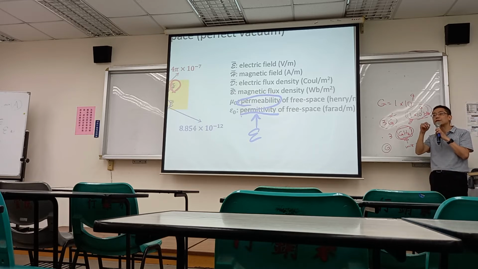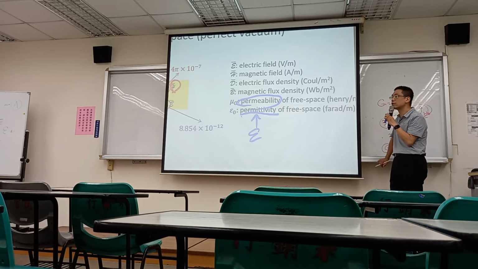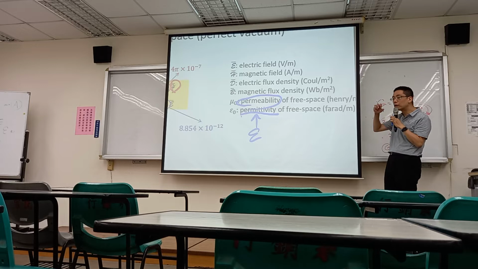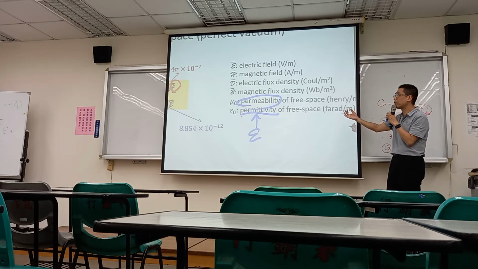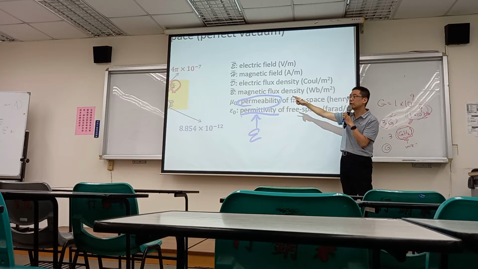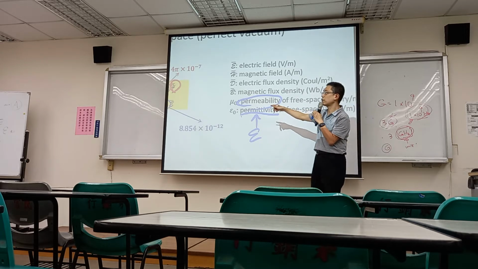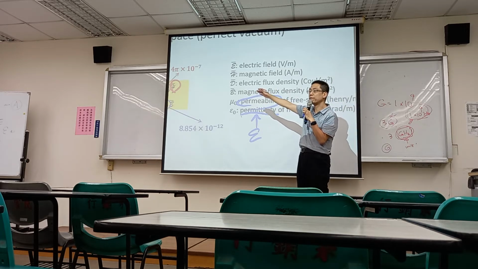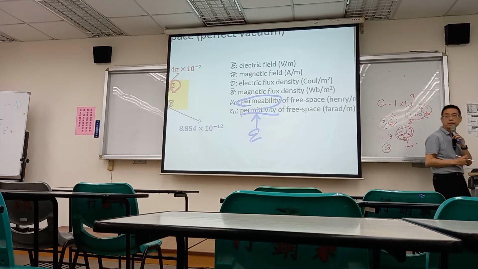Mu and epsilon are both constants related to what material you are using. We will have more discussion about this, but this is very simple. At the beginning, you know what the material is, you choose mu and epsilon, then you know the flux density by using these two equations. Okay?